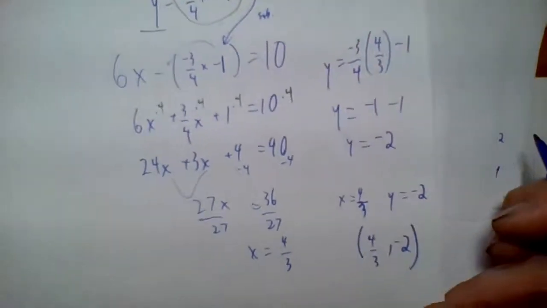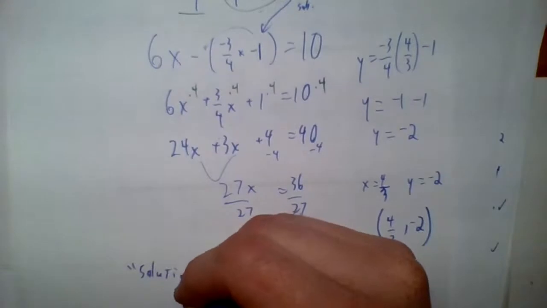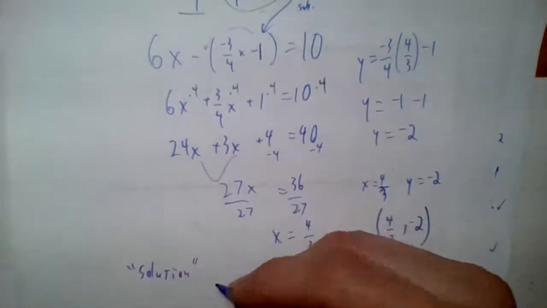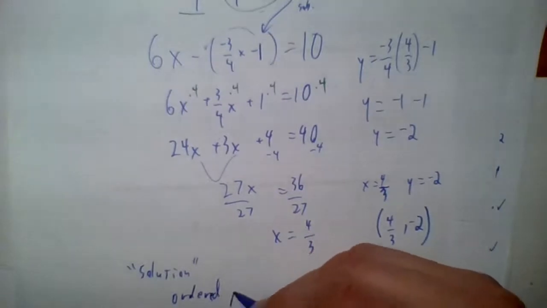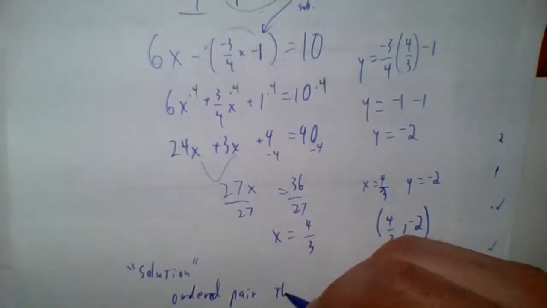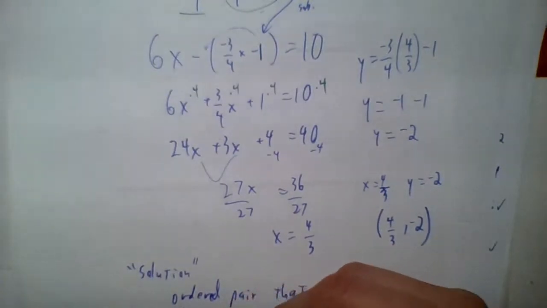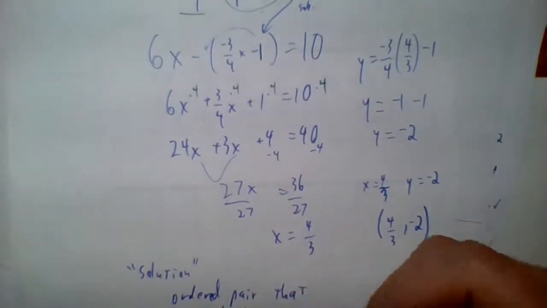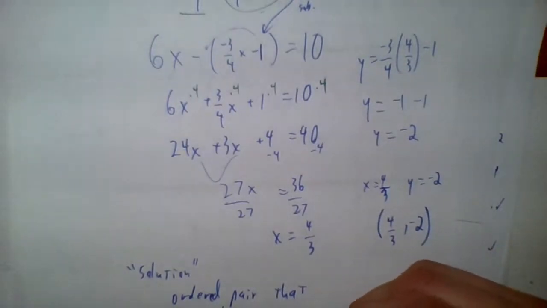So that's the key to these things when we're talking about systems. The word solution is not just meaning a number here. The solution to a system would be an ordered pair that makes both equations true. If we're talking about two equations and two unknowns, then we need both values that make both equations true.